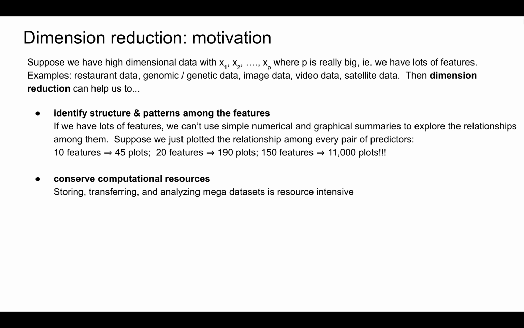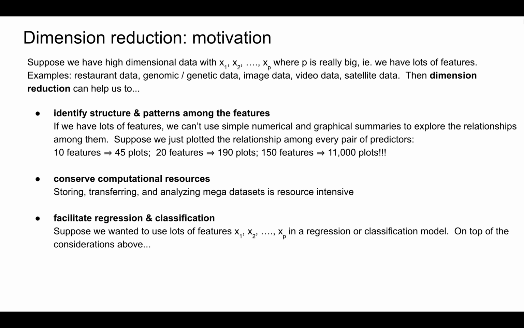Next, storing, transferring, and analyzing mega datasets is resource intensive. By reducing the number of features in our dataset, dimension reduction can help us to conserve computational resources. Finally, unsupervised dimension reduction techniques can actually facilitate supervised regression and classification techniques.